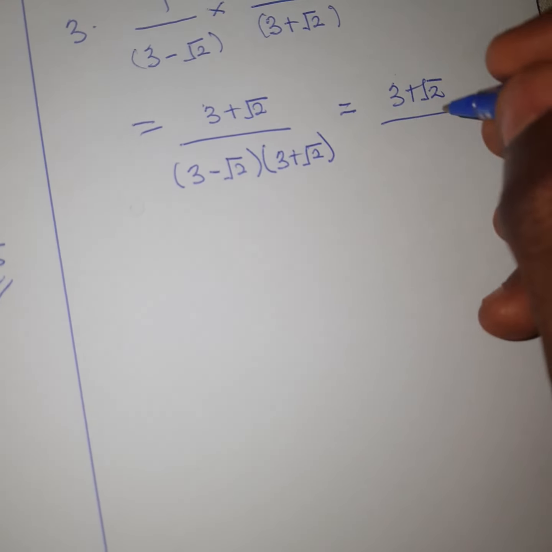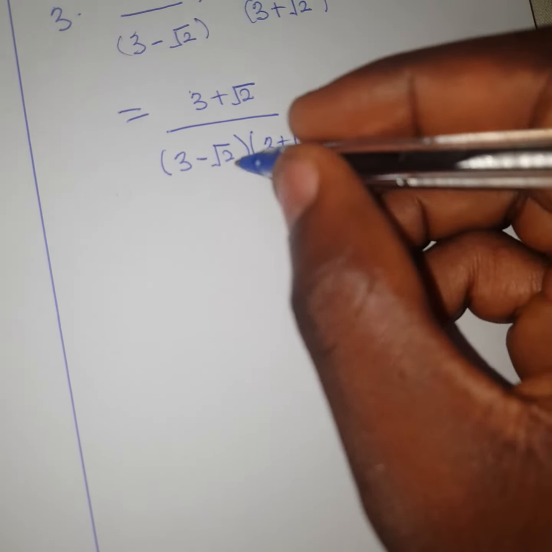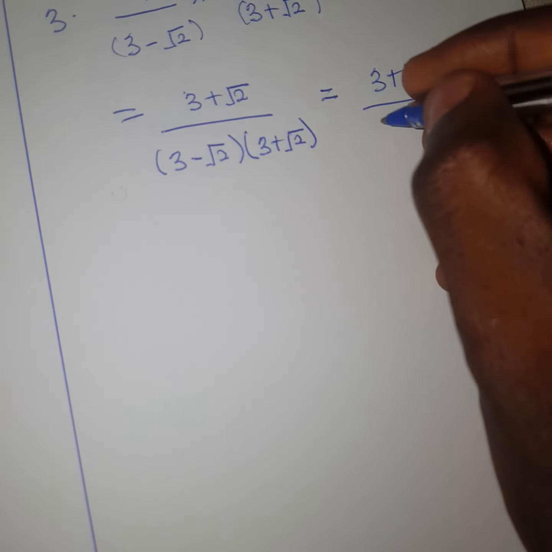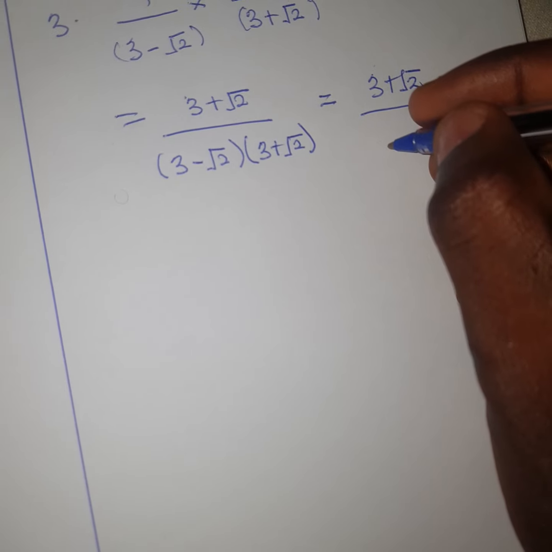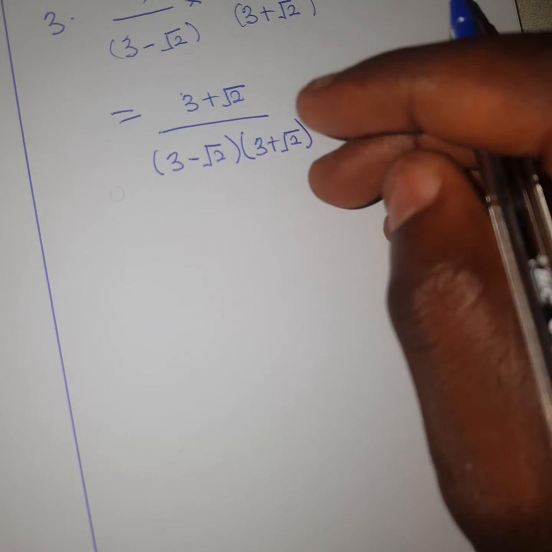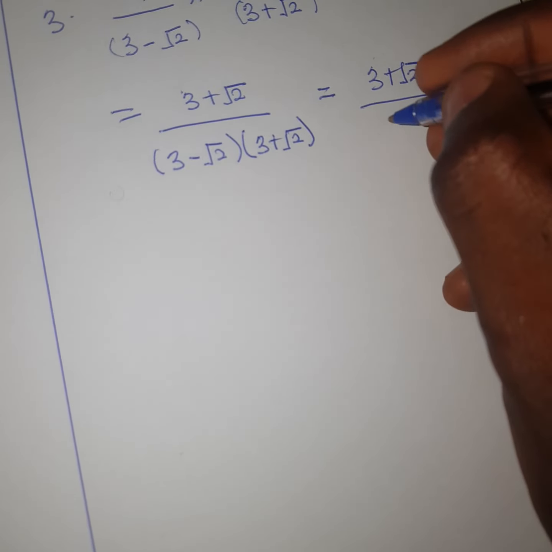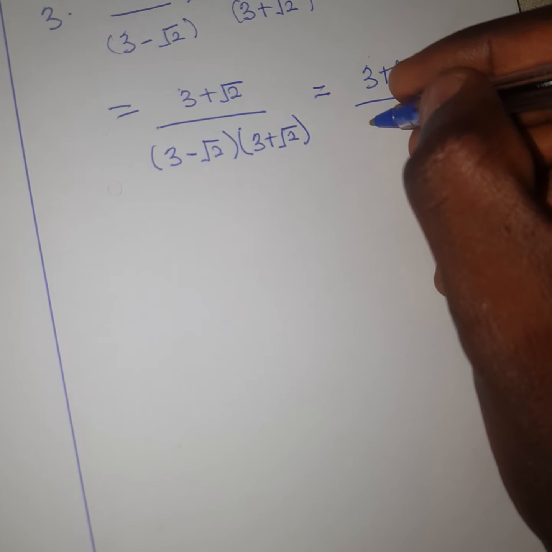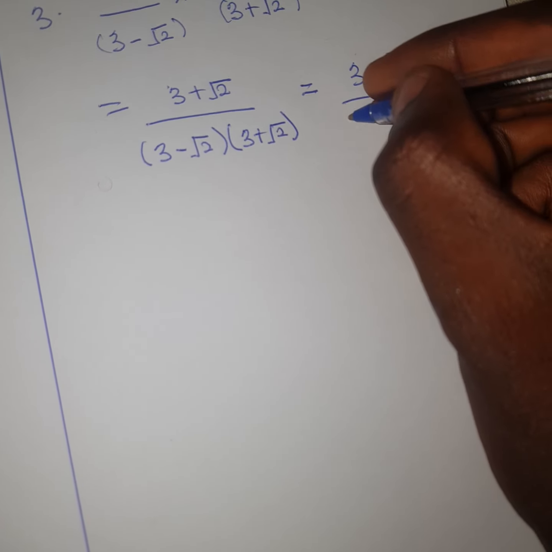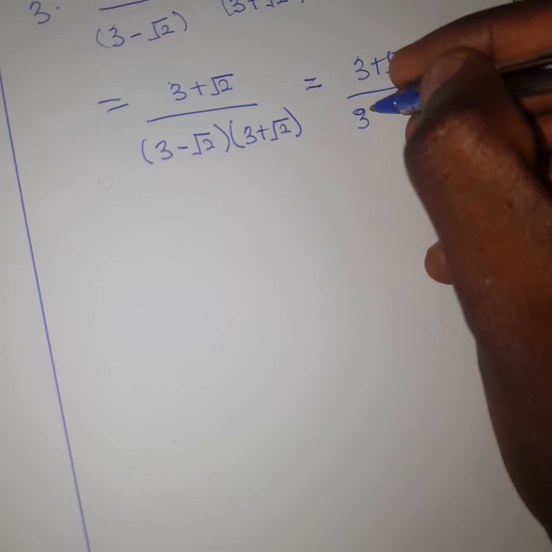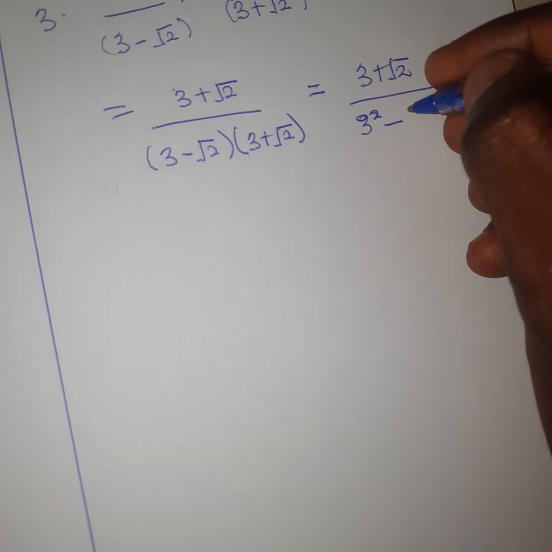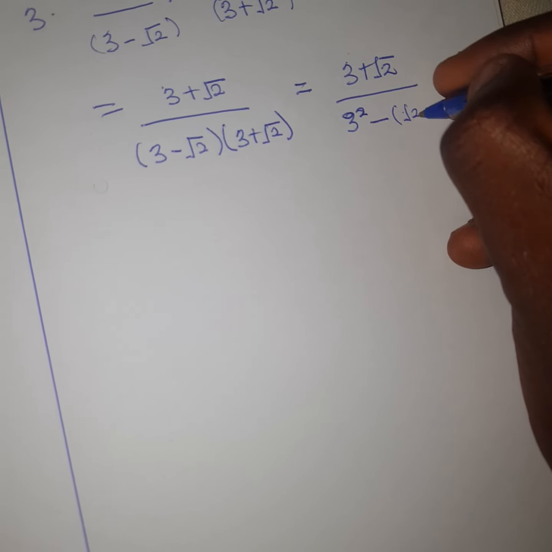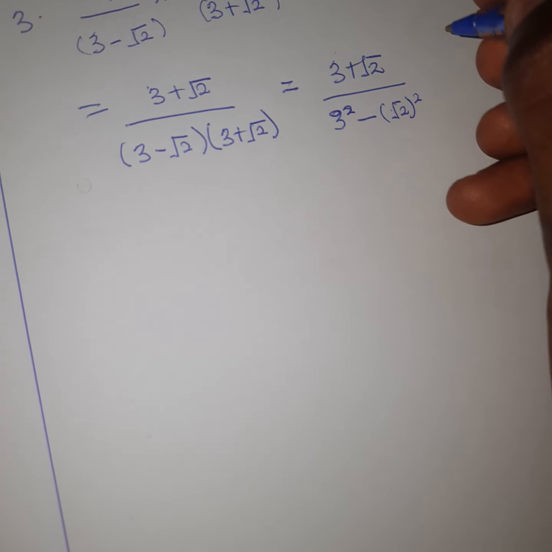Now because this is difference of two squares, you just take the term of the negative side, and square both terms there, and then you get what? 3 square minus root of 2 also square.